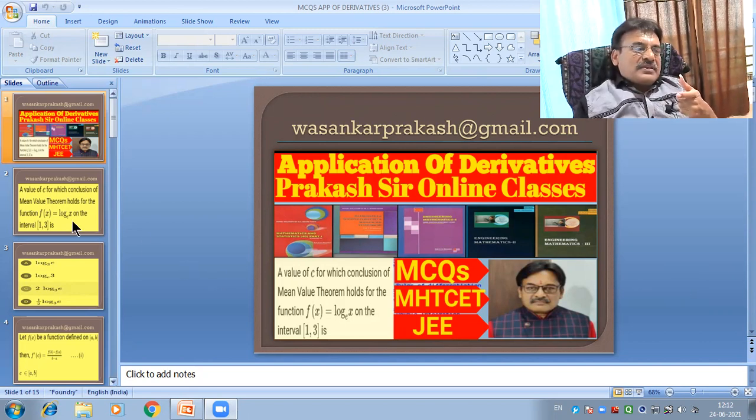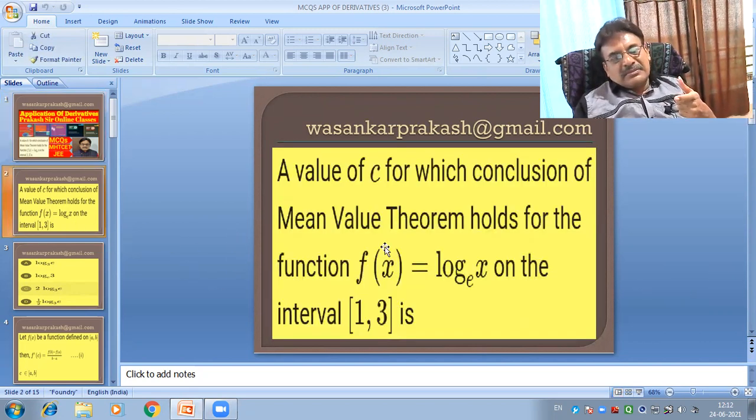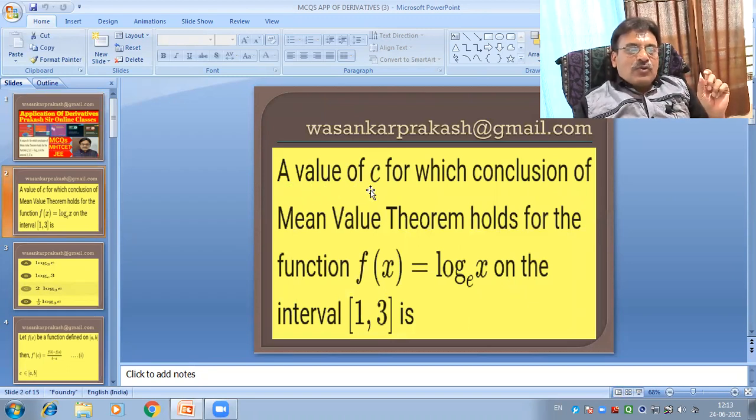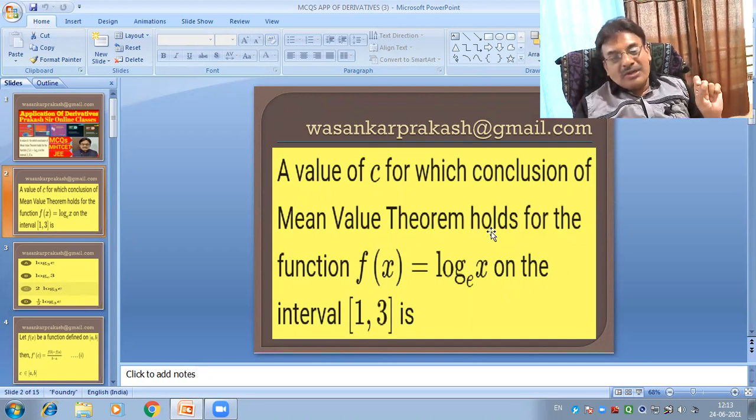So the first multiple choice question is: find the value of c for which the conclusion of the mean value theorem holds for the function f of x equals log x base e on the interval 1, 3.